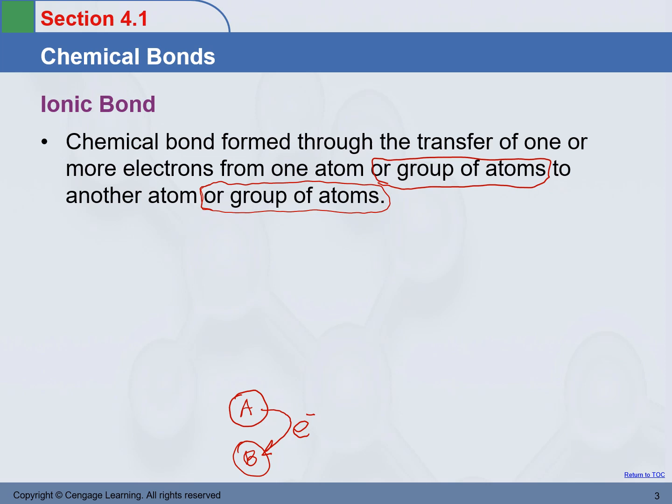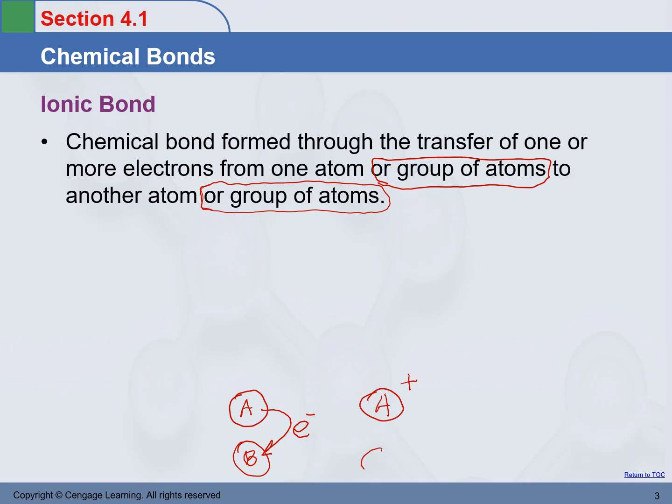So A and B were both neutral before. Now a particle that carries a negative charge is transferred from A to B. As a result, A is going to carry a positive charge because it lost a negative charge.